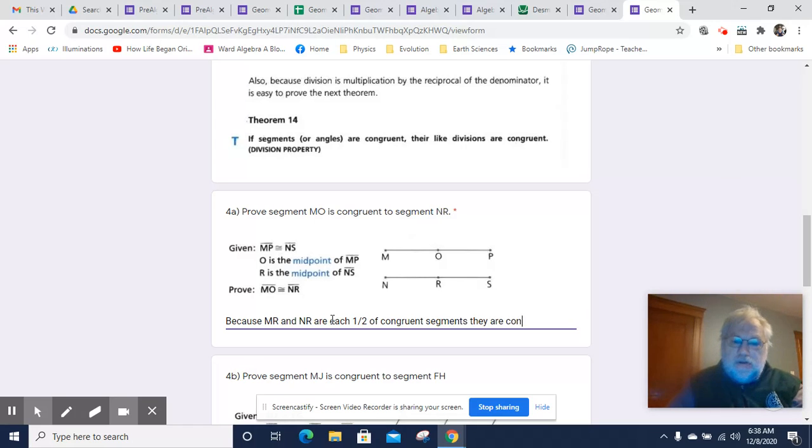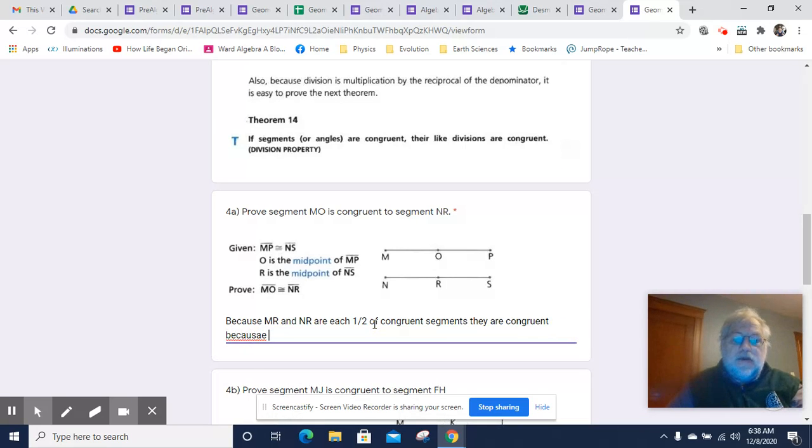They are congruent. Okay, and you could probably make a case for this as multiplication or division, because 1/2 of something is multiplication, or divide by 2. Okay, but probably by division, because if segments are congruent, their like divisions are also congruent.